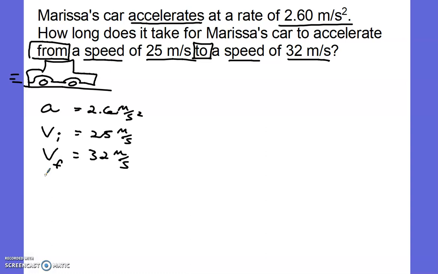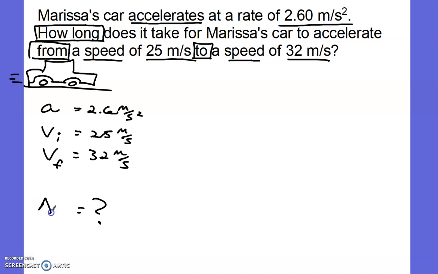The next thing we want to do is write down what we're looking for, what we're trying to find, and what letter. It asks, how long does it take for Marissa's car to accelerate from a speed of 25 to a speed of 32? When it asks how long, like how long does it take you to get to school, what it's really asking for is how much time.